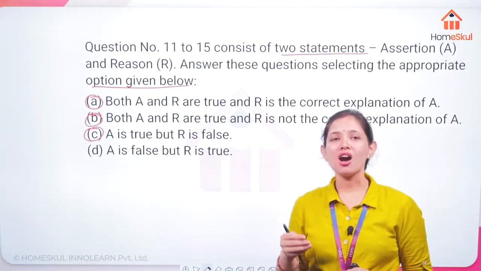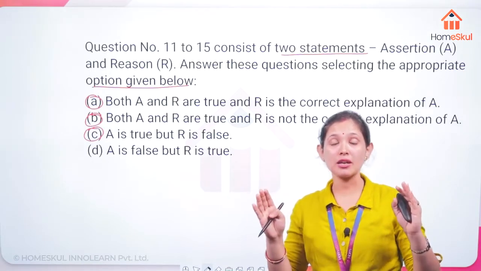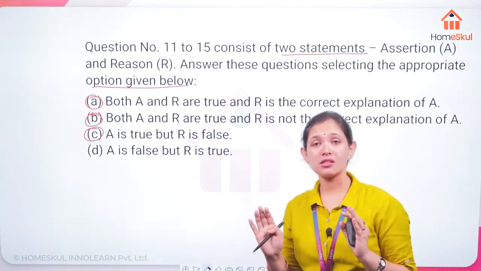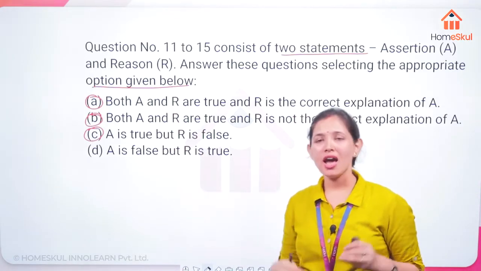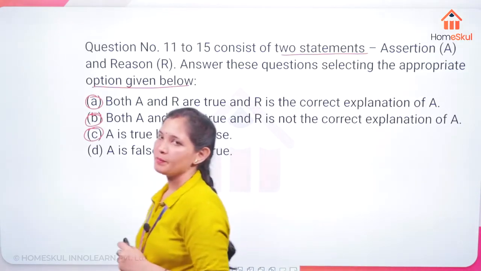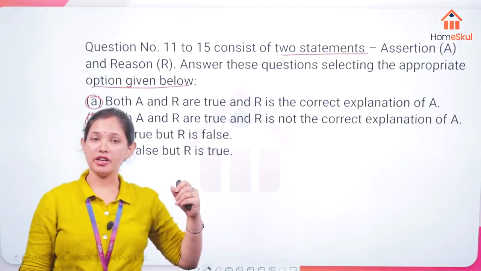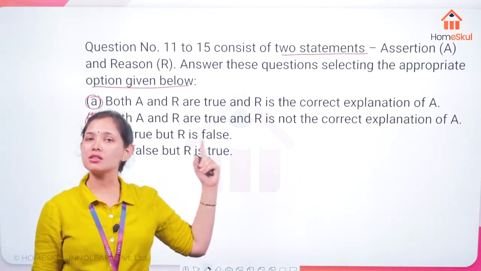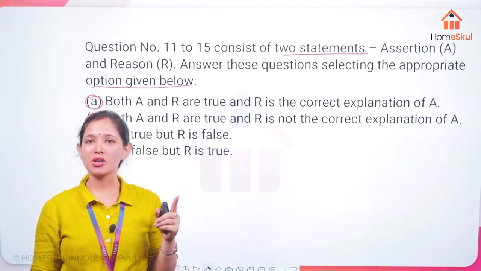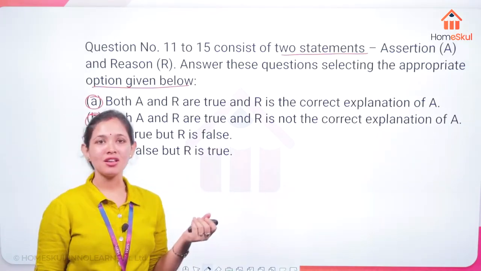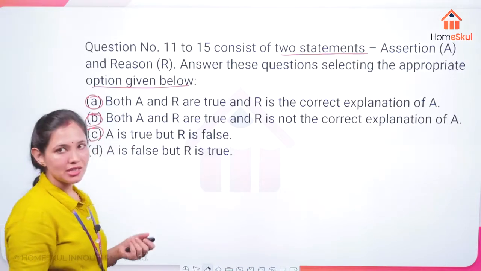That is how you have to read the assertion statement and reason statement, and then see which option it matches, and that is going to be your answer. If there is any doubt regarding this type of questions, please stop me in between and ask me. I hope you will get all the things clearly.